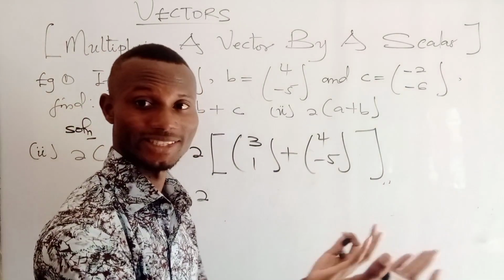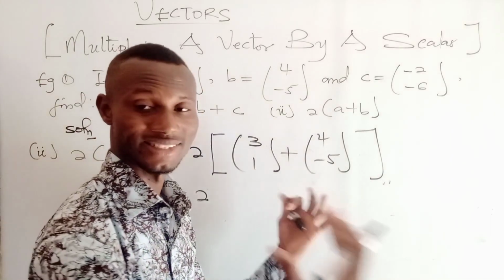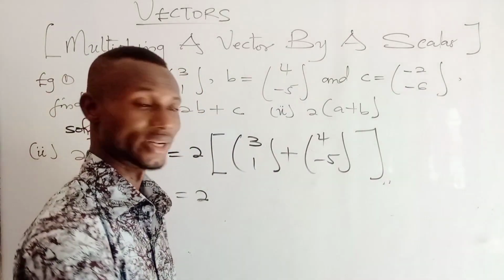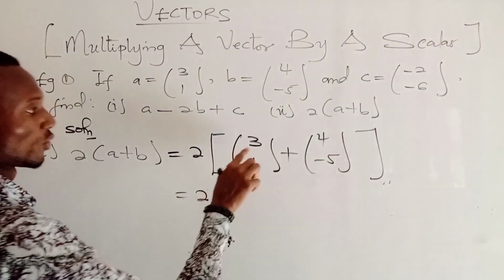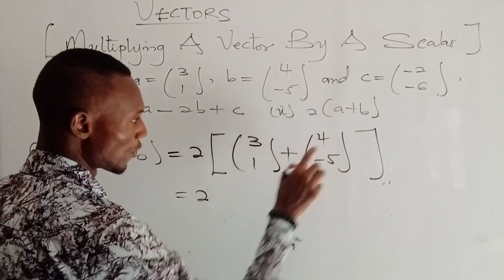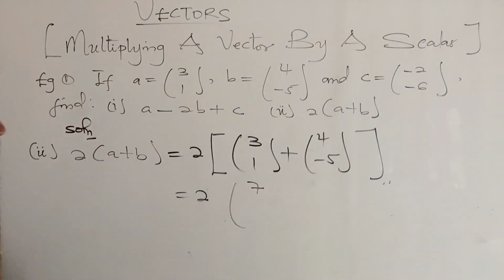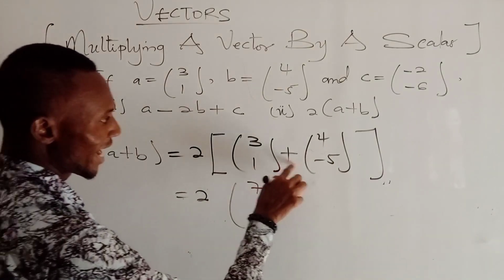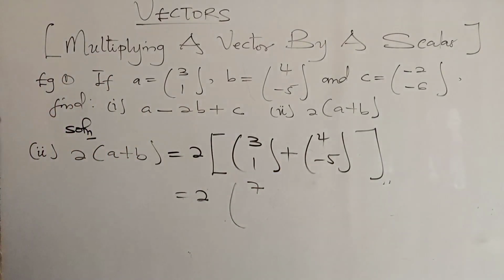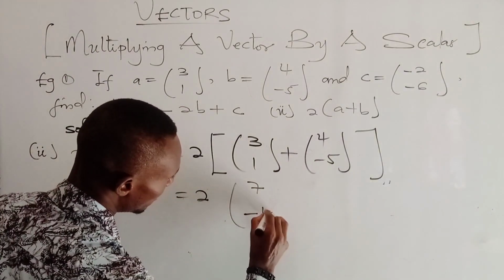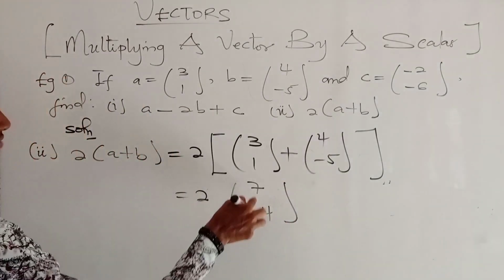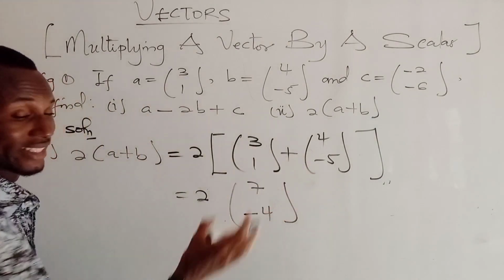We subtract the top ones and we subtract the down ones. So let's go ahead and do that. It's going to be 3 plus 4, which should give me 7. And I hope you agree with me. And here we have 1 plus minus 5, which should give me minus 4. So we have 7, minus 4 for simplifying what is in the bracket.